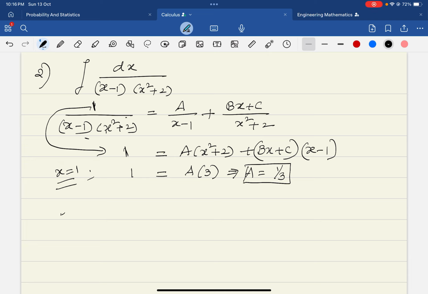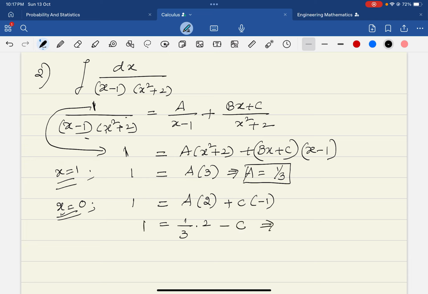You could understand, right? Now if you put x equal to 0, suppose, then what happens here? On the left hand side it is 1, on the right hand side it is 0 plus 2 is 2, plus b into 0, plus c times of 0 minus 1, which is minus 1. Now you already know the value of a, which is 1 by 3, so 1 by 3 into 2 minus c is equal to 1.